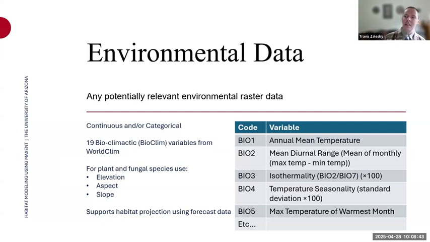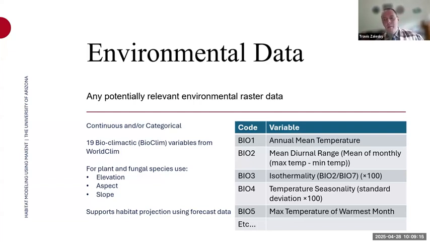I chose to use the 19 bioclimatic variables published by WorldClim, as they are easily accessible, free to use, have a near global coverage, and are widely cited. But you can use whatever environmental data you have access to. Because mushrooms are non-motile, I also included elevation, slope, aspect, and soil pH for a total of 23 environmental variables.